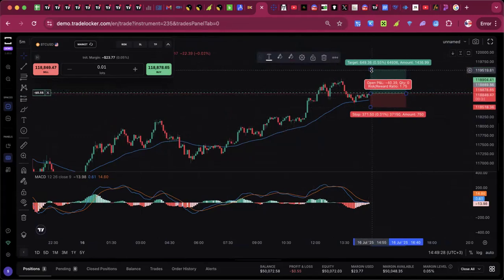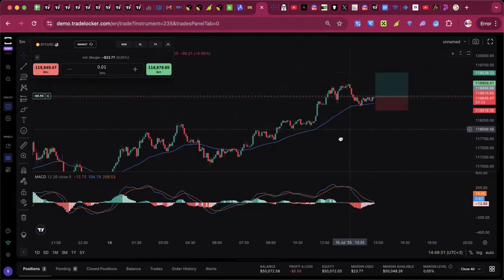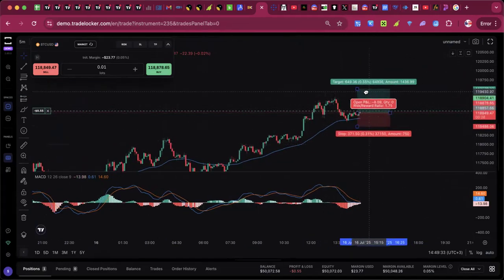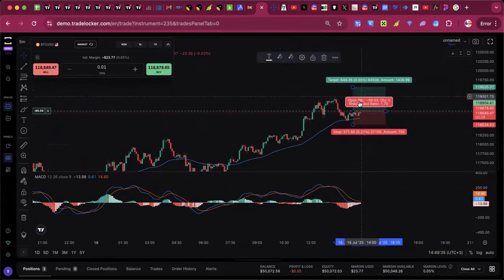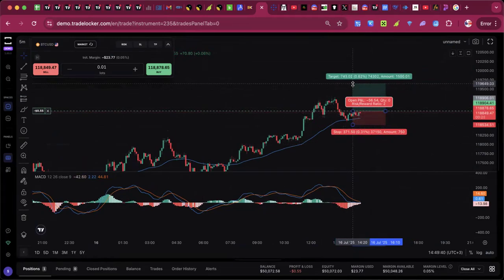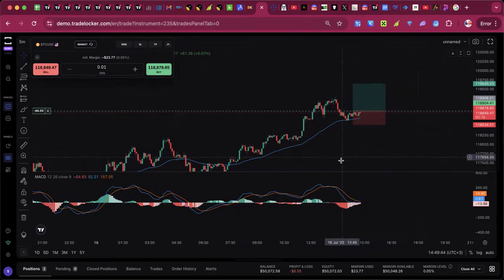So, 1:2 risk reward. The 1:2 risk reward is there, so you can see my entry price and my stop loss.